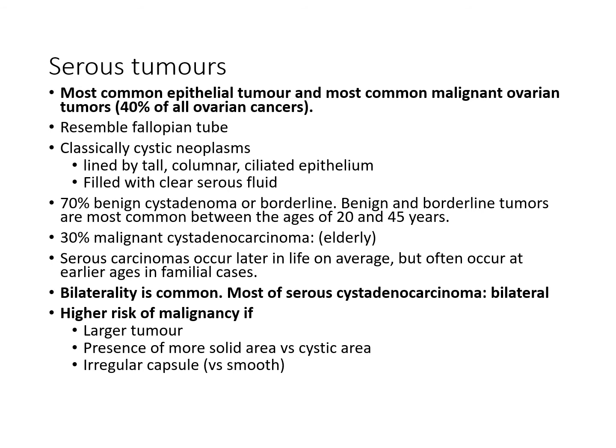Serous carcinomas occur later in life, and bilateral tumors are common, and most of the serous cystadenocarcinomas are bilateral. There is a higher risk of malignancy if the tumor is very large, if the tumor has more solid area versus cystic area, and if there is an irregular capsule.